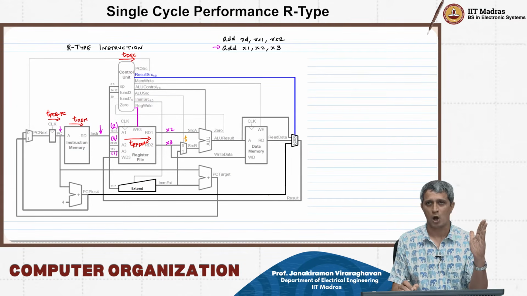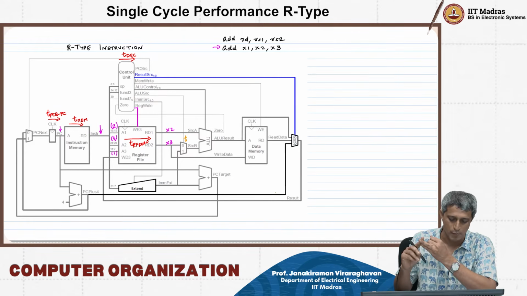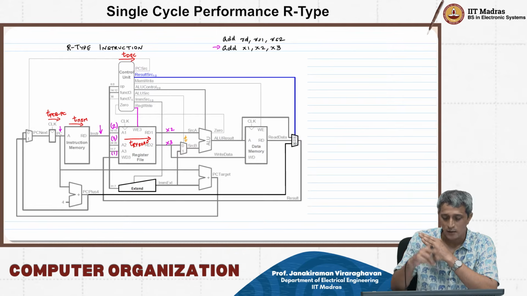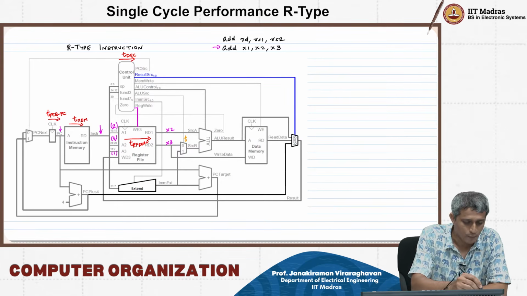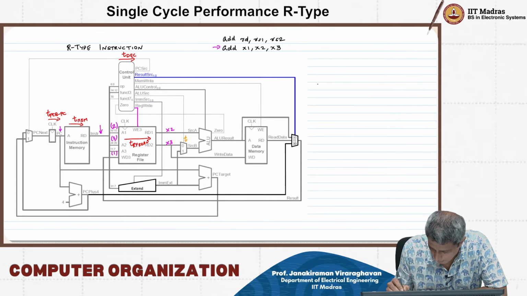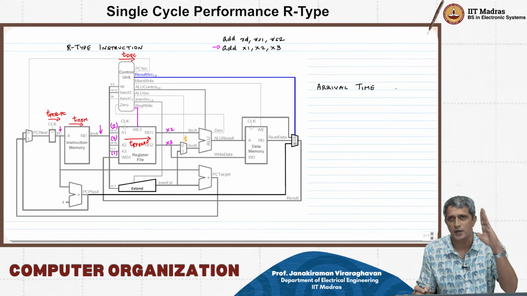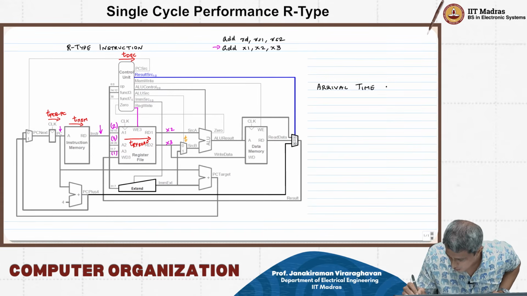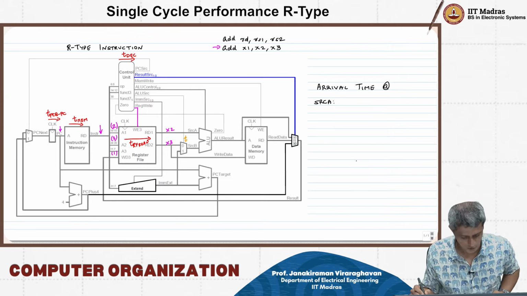So from the clock, if you look at it, we are talking of T PCQPC, T mem, and then T decode, right? On the other hand, so source A, arrival time, let me write that. Arrival time with the clock edge being reference 0, at source A. What is it?